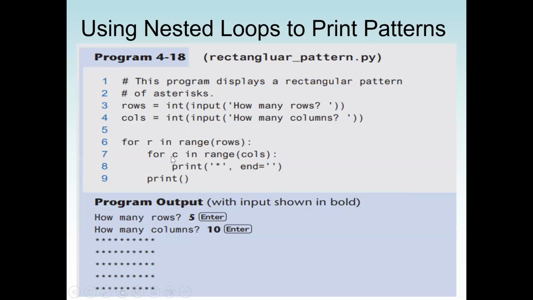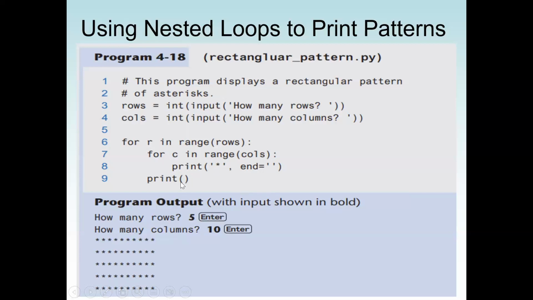Every time we execute, the first print statement will print the asterisks for the columns, because that print statement is only seen by the inner loop, which is for C in range columns. After the condition of C becomes false, we print.